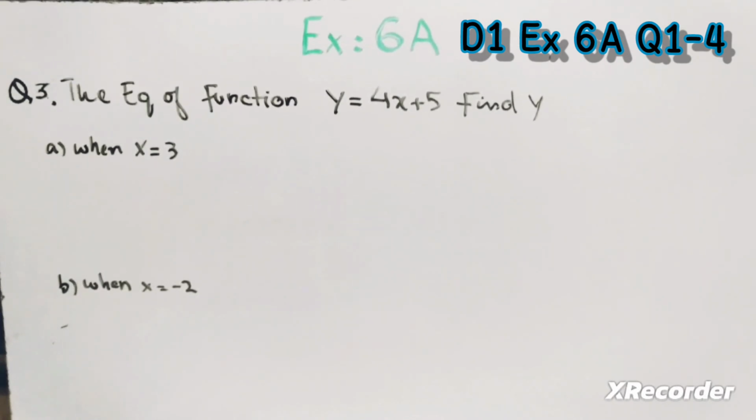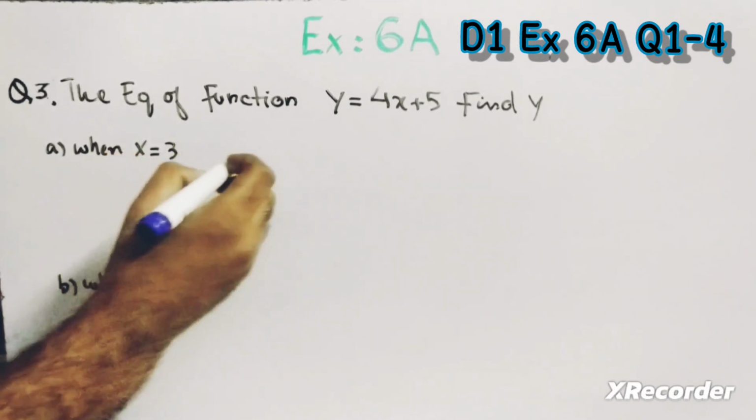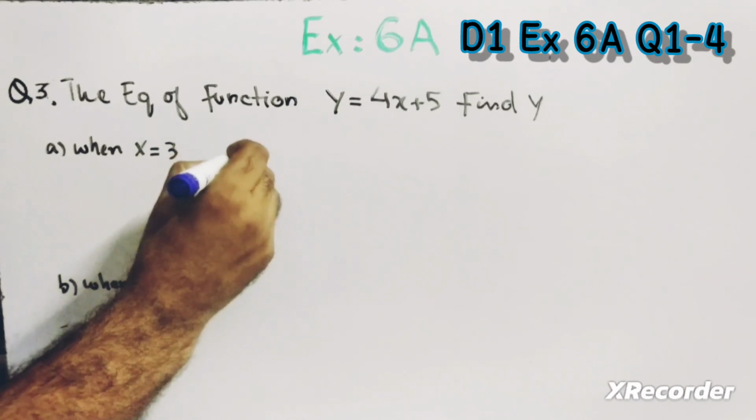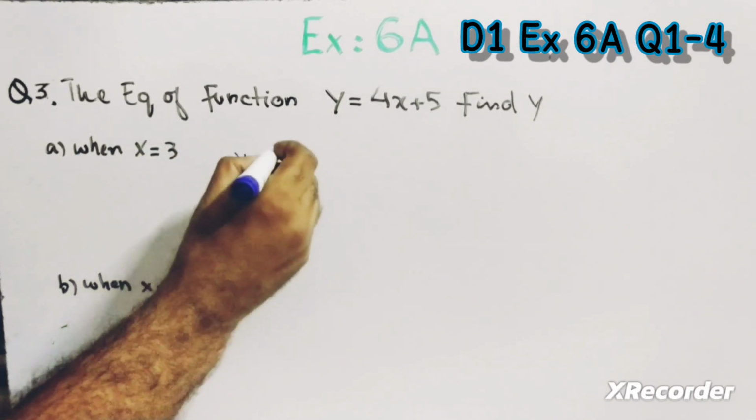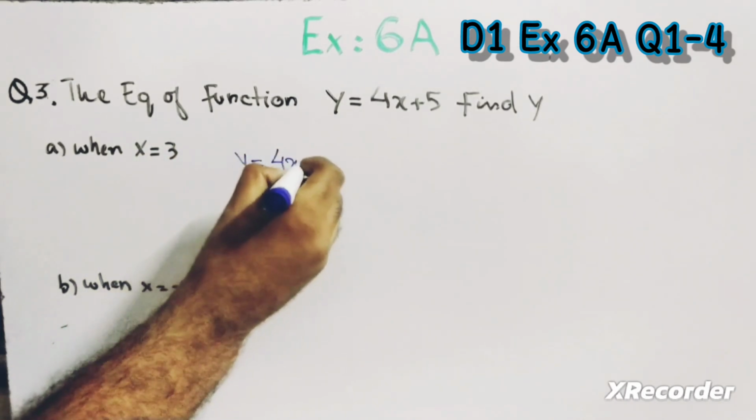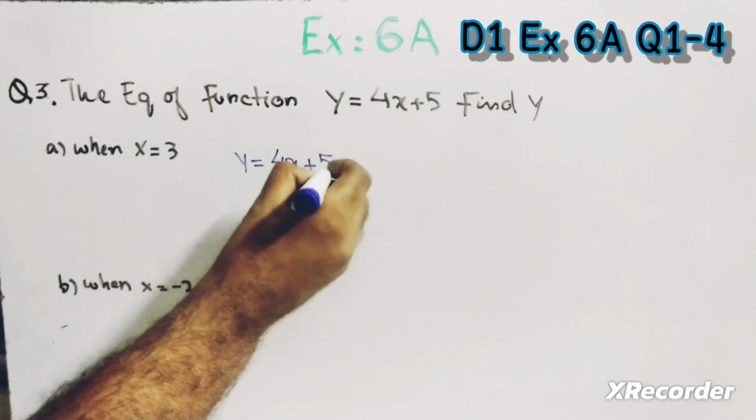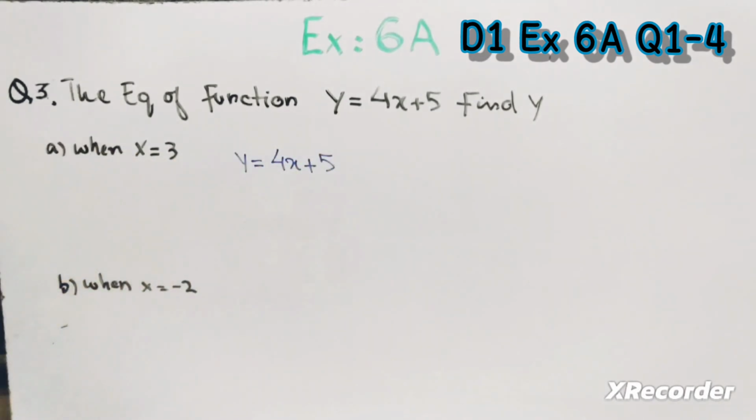Now moving to question number 3. In question number 3, the equation of the function is given, that is y is equal to 4x plus 5, and we have to find the value of y when x is equal to 3. The given function is y is equal to 4x plus 5, and the value of x is given as 3.